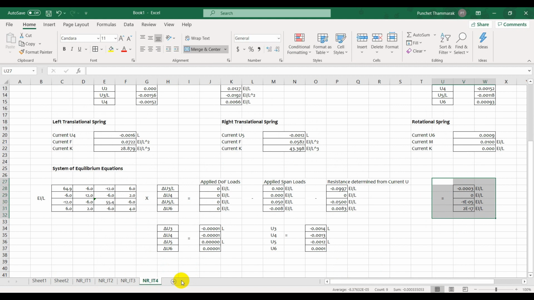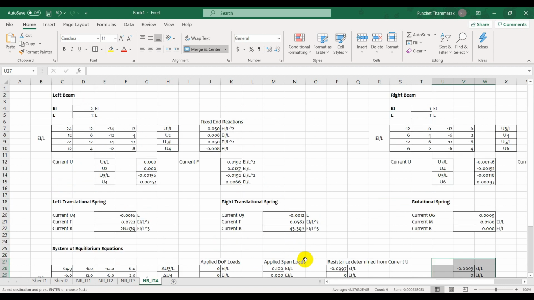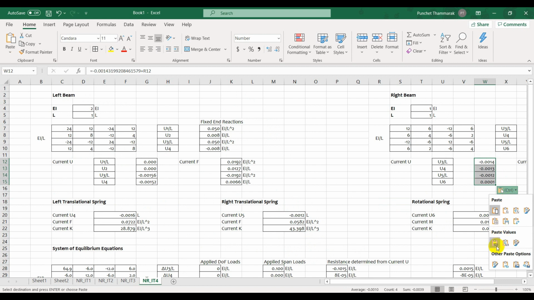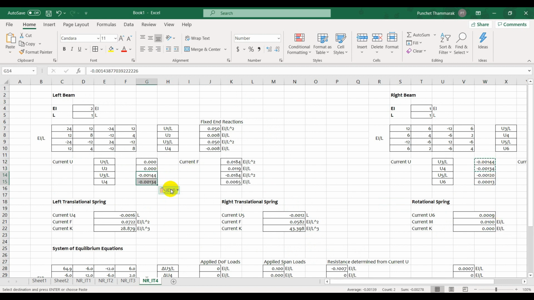Number 4. So number 4, we will take this information from 3 that was already updated, put it here. These 2 have to come down in here. No, sorry. It has to be, oh yes. Okay, here.